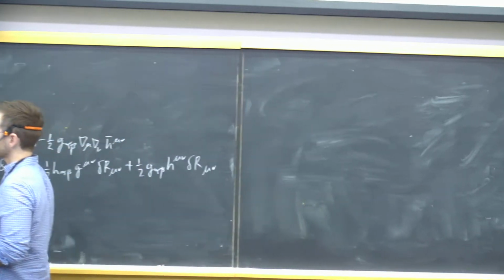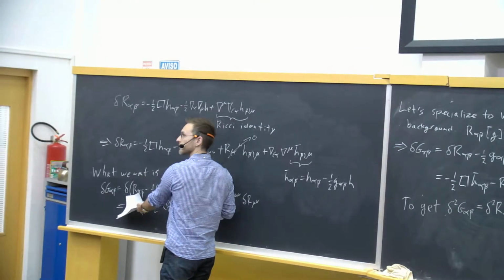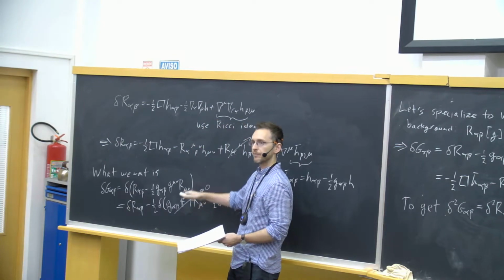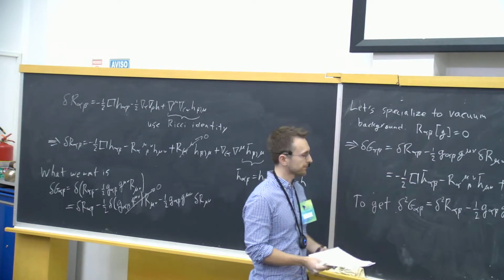So all I'm doing here is going back to this expression and taking the second variation of it, and then setting background Ricci terms to 0.